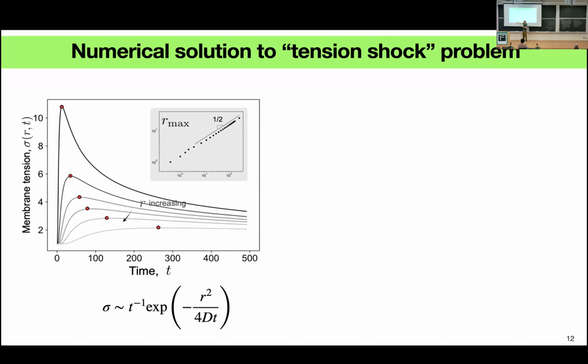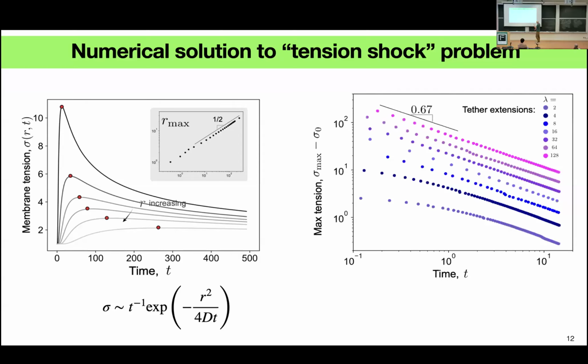However, you might be tempted to say, this is a two-dimensional diffusion problem, so the diffusive profile should just be 1 over t exponential minus r squared over 4 dt. If we substitute r equals root dt, then if it was classic 2-dimensional diffusion, the maximum value of the tension would just decay as 1 over t. But that's not what happens here.